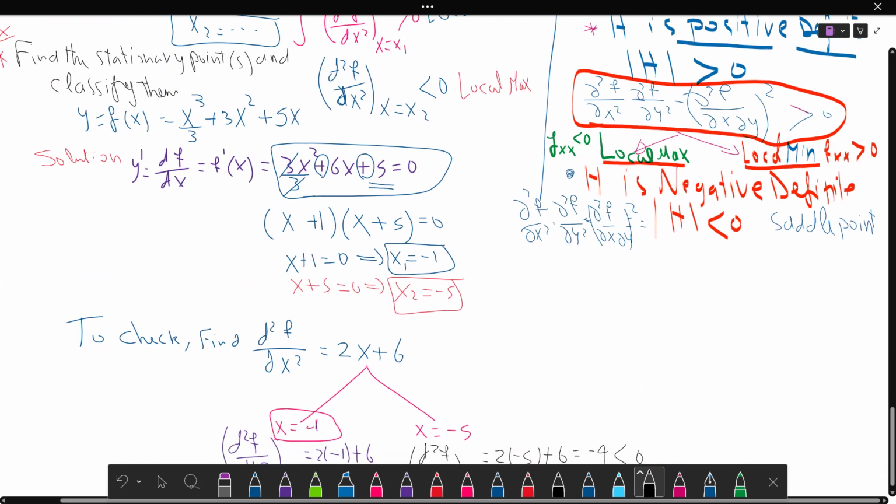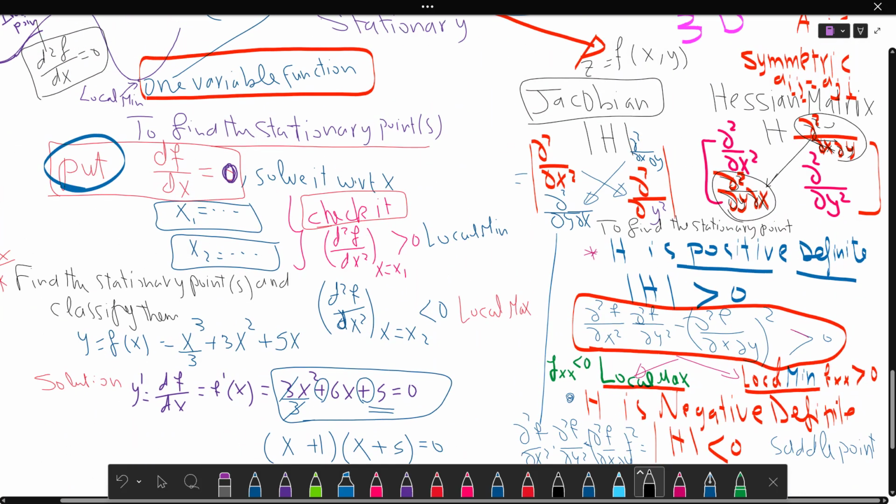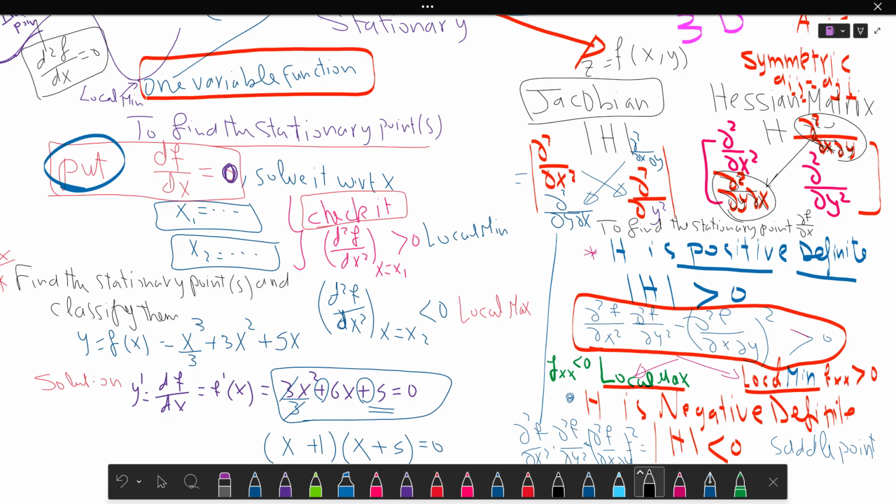Good. So similar to what you have done in one dimension, you will do in two dimensions. You put partial f by partial x equal to 0 and partial f by partial y equal to 0. You have to solve this simultaneously, right? If you are allowed to use your calculator, you will be lucky because it will be easy for you, right? This is how to check.